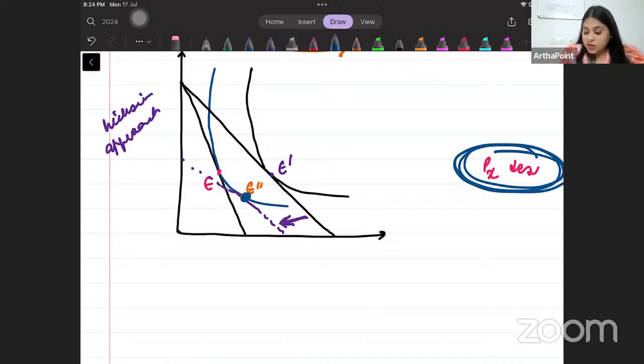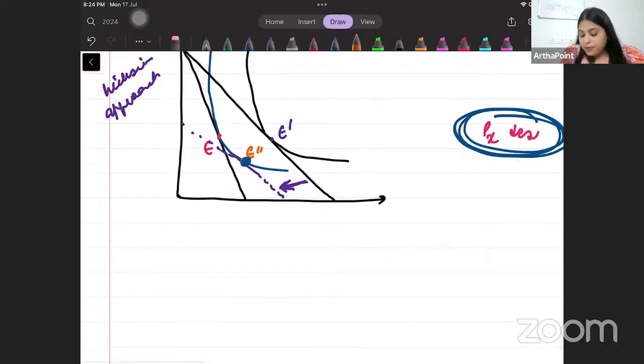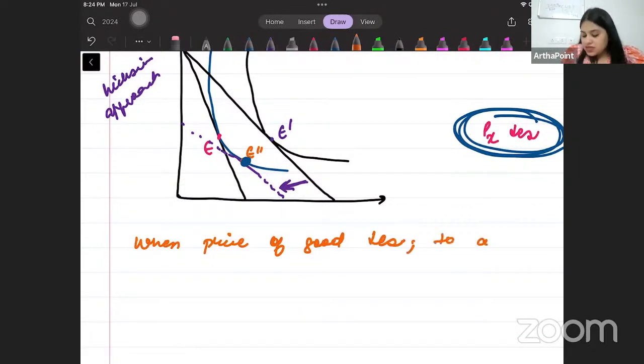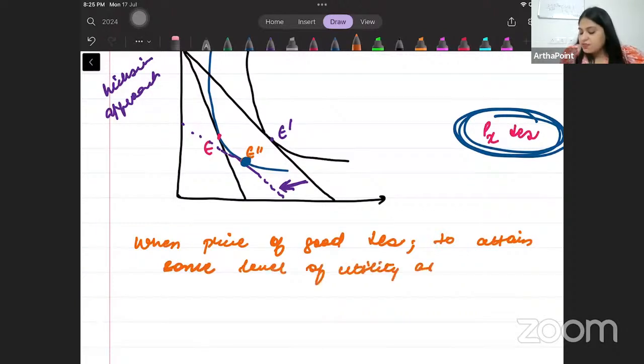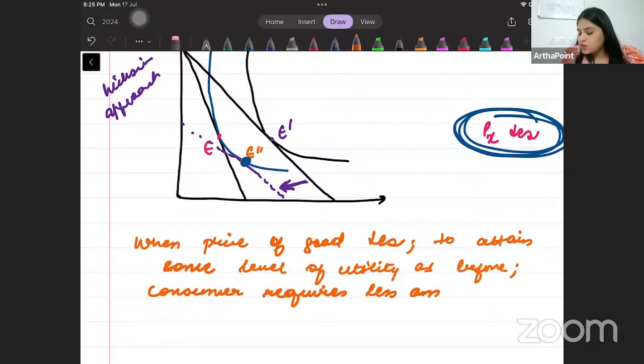So let's write this down: when the price of the good decreases, to attain the same level of utility as before, the consumer requires less amount of income.